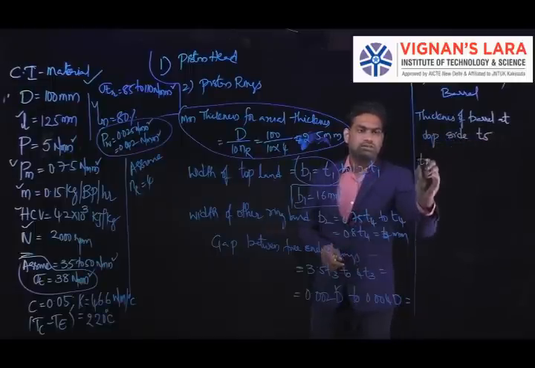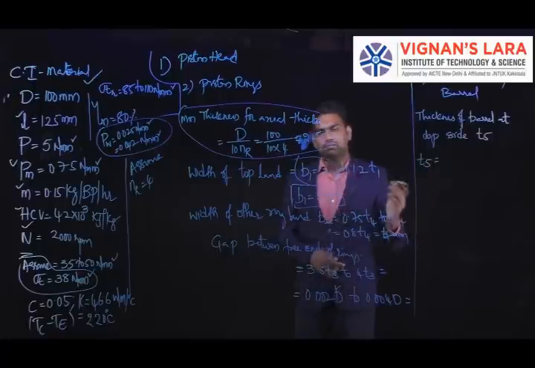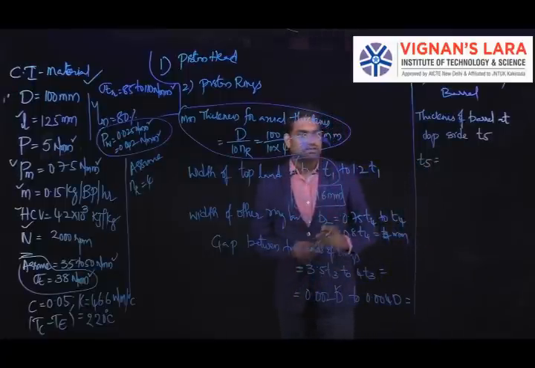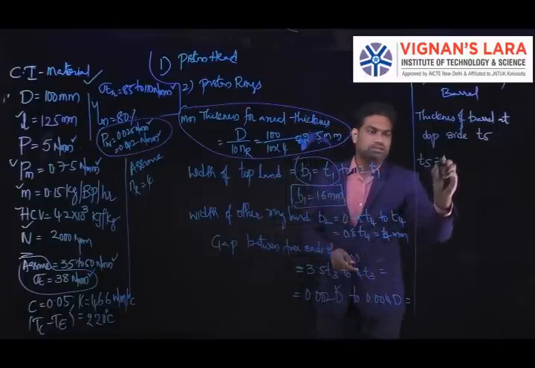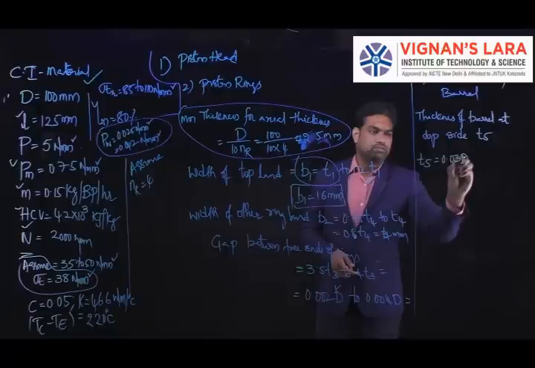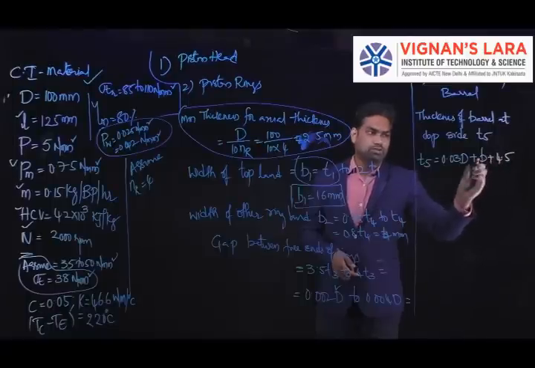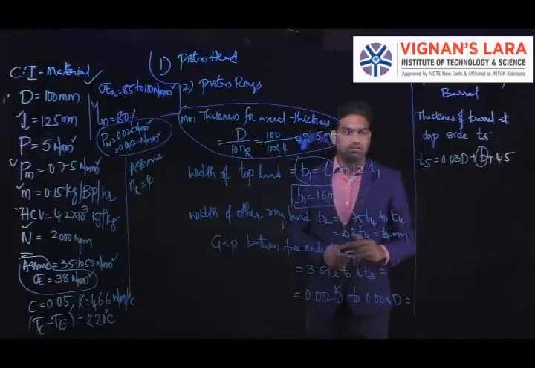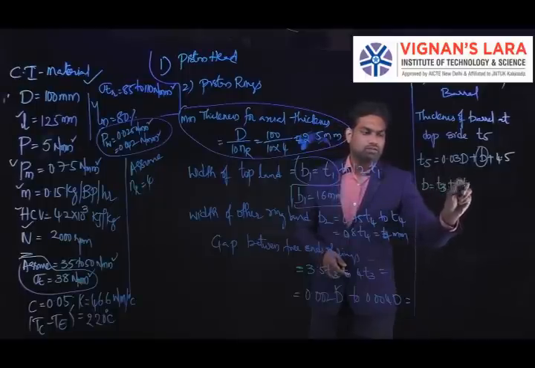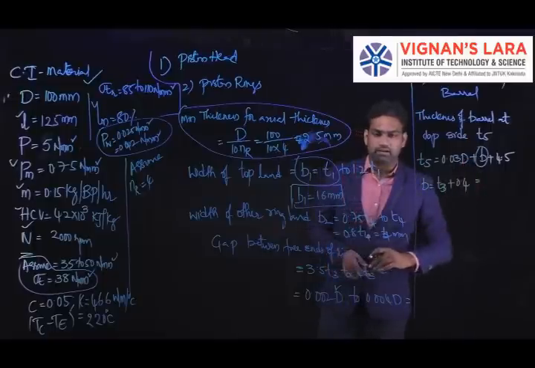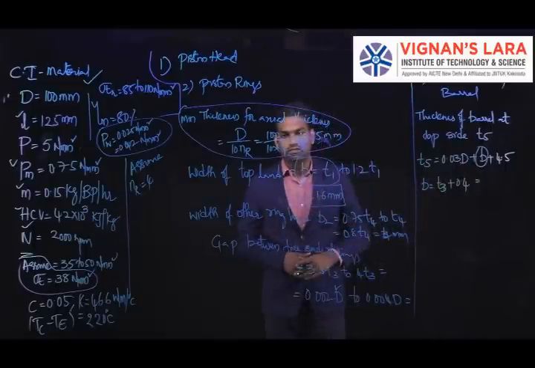Here the thickness T5 is also given using an empirical relation, as well as T6. T5 is given as 0.03 times D plus the width of the ring groove plus 4.5. Here the width of the ring groove is not known. It should be equal to T1 plus T3 plus 0.4, so you can calculate the width of the ring groove, small b.